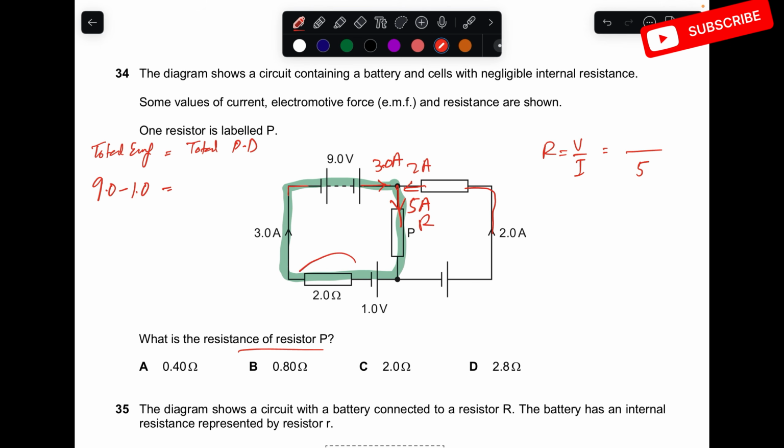Potential difference through this one will be 2 into 3, voltage into the current, and through this one plus 5 into r. So I can directly find r from there. You need current, but you don't need this equation. Rearranging, 8 equals 6 plus 5r. So r equals 2 by 5, which gives 0.4. Option A.